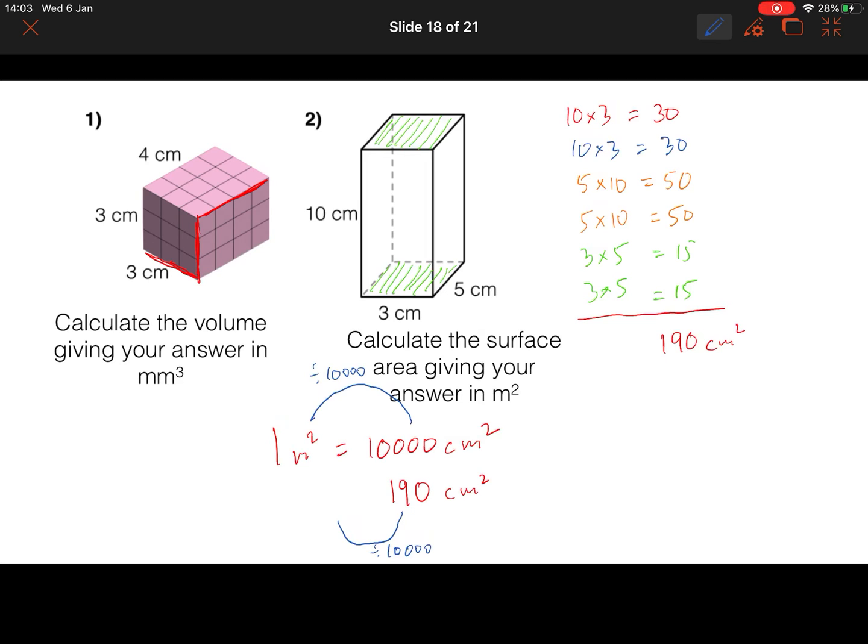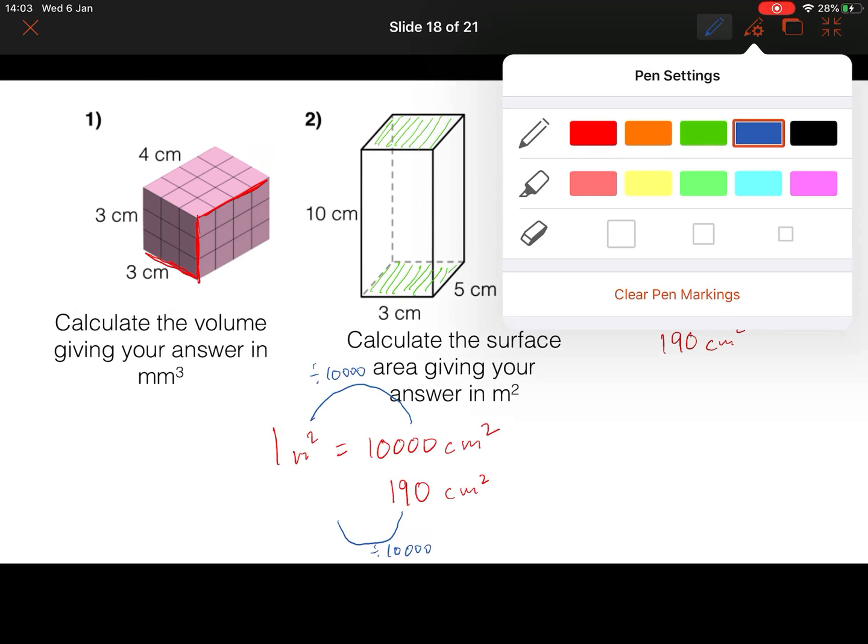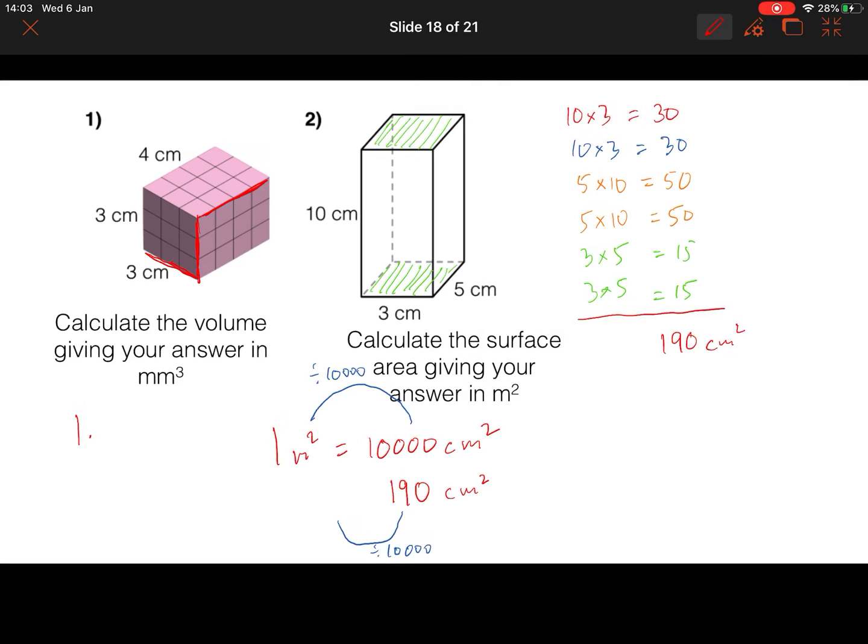So we need to divide this by 10,000, which really means moving the decimal point 4 places to the left. So that's 1, 2, 3, 4. So there is my new decimal point.